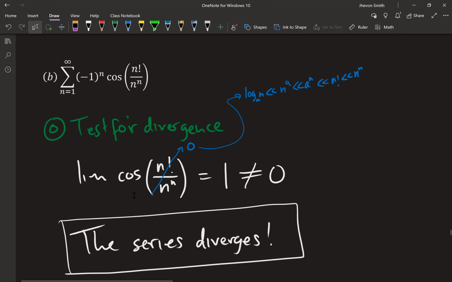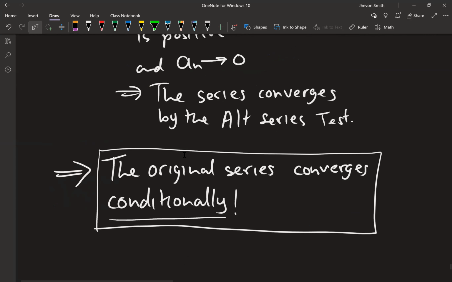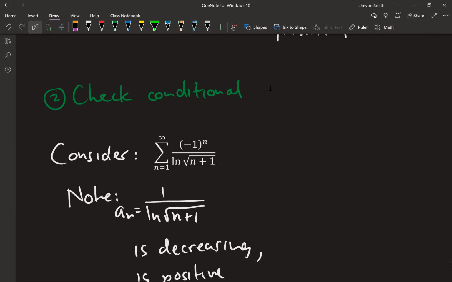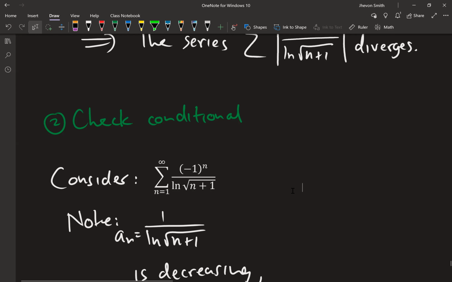The only time approaching zero actually means something is when you're applying the alternating series test, and that in and of itself is only applied under the conditional umbrella, which means it's still not something you would look for if you're testing absolute convergence. So all these little things, if you made these mistakes, write down in your notebook, note to self, don't make this mistake, I've made it before. And so you should learn from your own mistakes and know what to look out for.